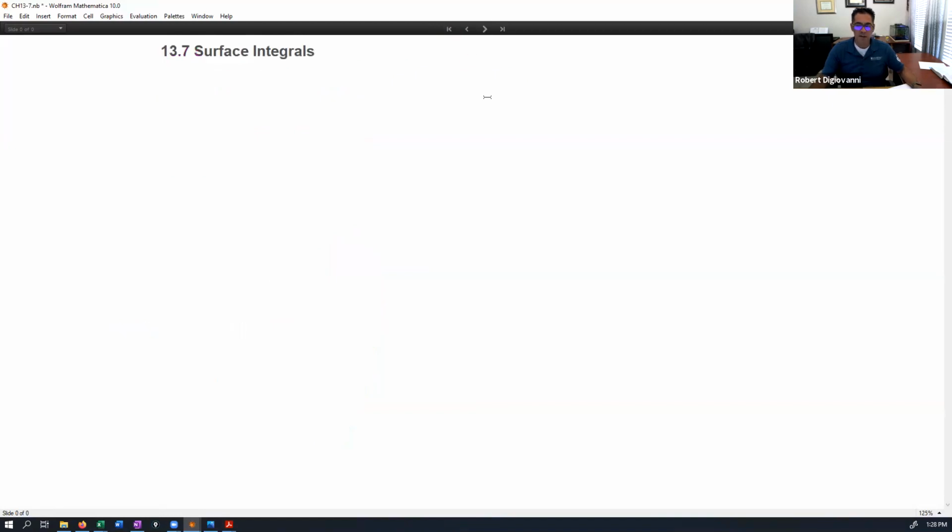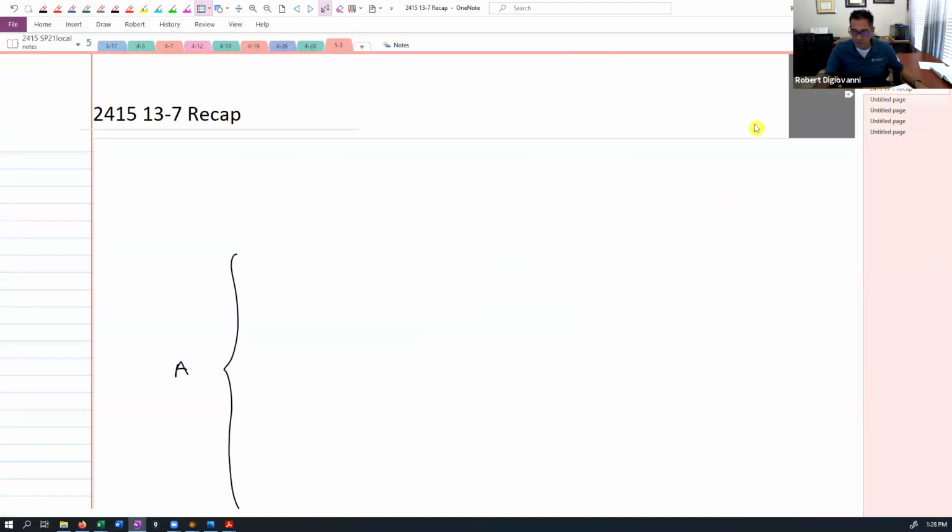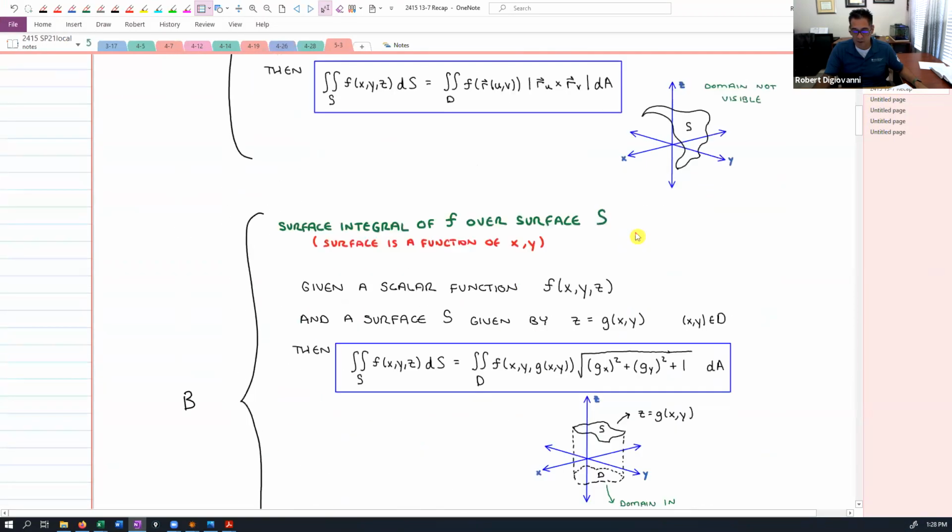All right, 13.7, this section is a monster. So I sent everyone a file today in Canvas called 13.7 recap. And then I realized later that I wanted to update something on it, so I sent it again. It's a bunch of stuff, a bunch of formulas.